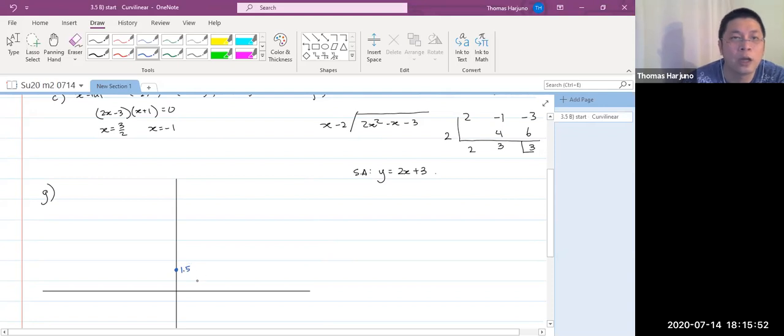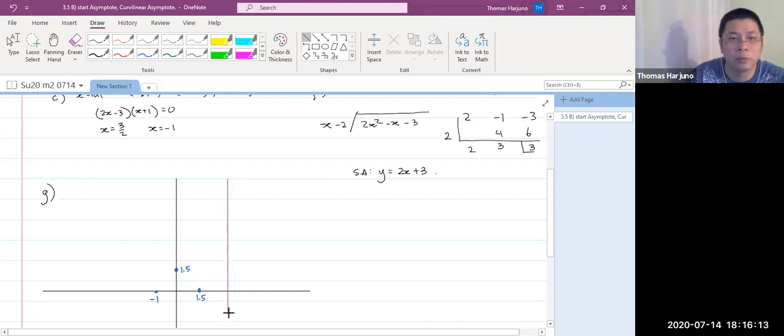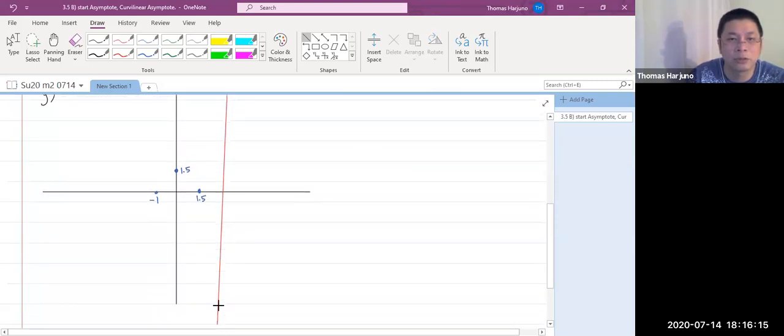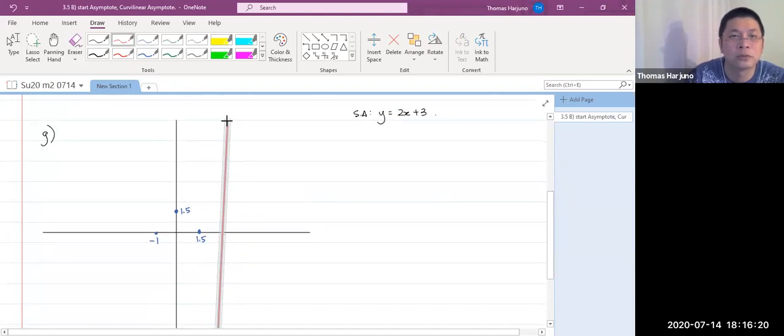And then the x-intercepts (1.5, 0) and (-1, 0). The vertical asymptote is x equals 2, let me put it here. This is x equals 2.